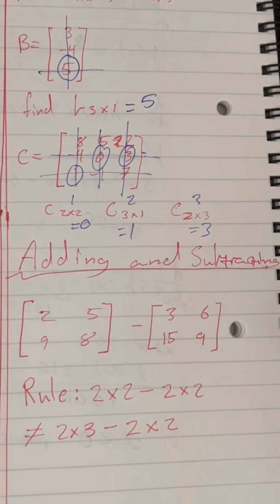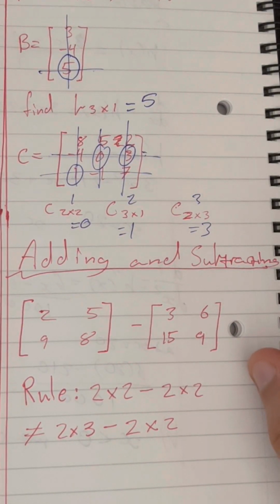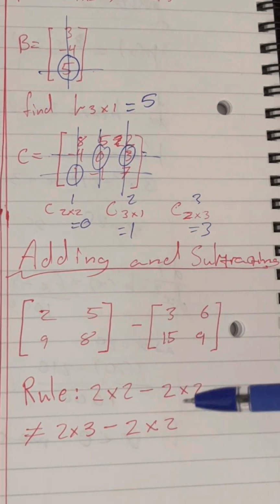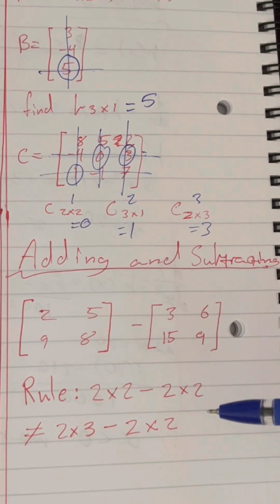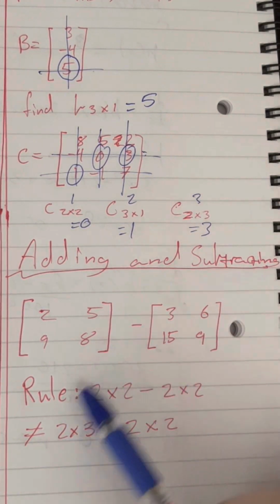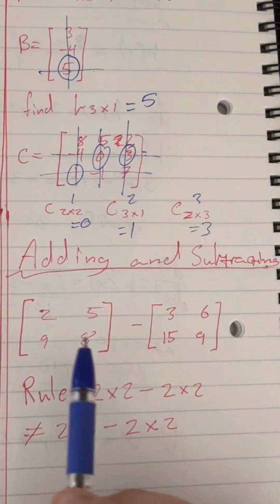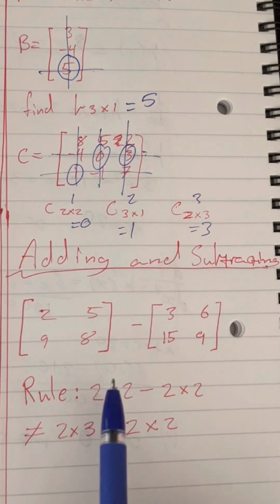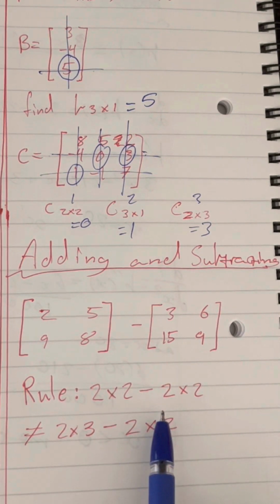Now we're going to move on to adding and subtracting matrices. But before we do that, we have to understand the rules of adding and subtracting with matrices. The rule is that the order has to be the same. These 2 matrices can add and subtract because they're both a 2 by 2 matrix.